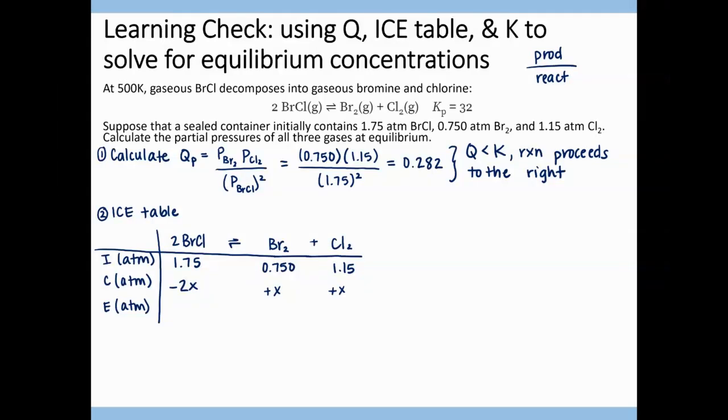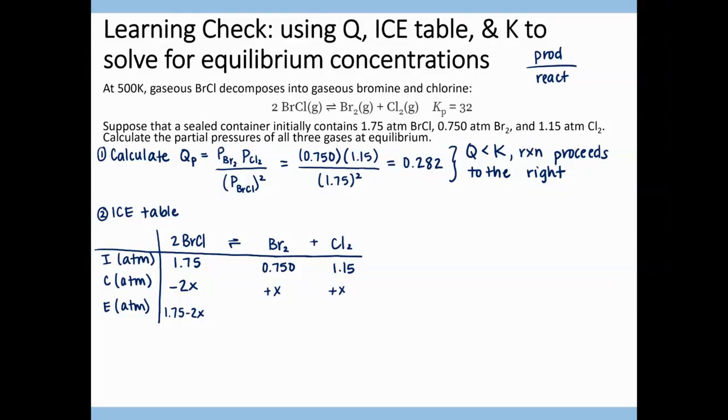So at equilibrium, the concentration of BrCl is 1.75 minus 2x. Sorry, the partial pressure, not the concentration. So we're going to keep x in those equilibrium partial pressures.